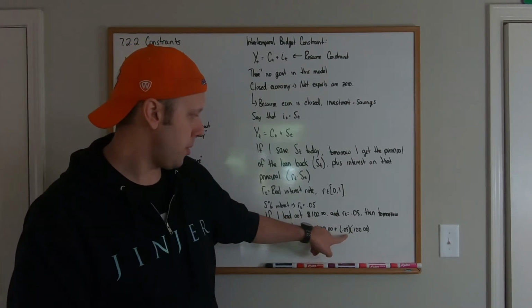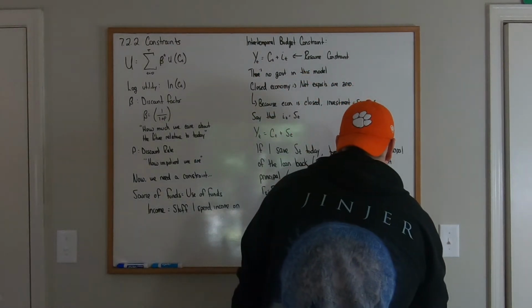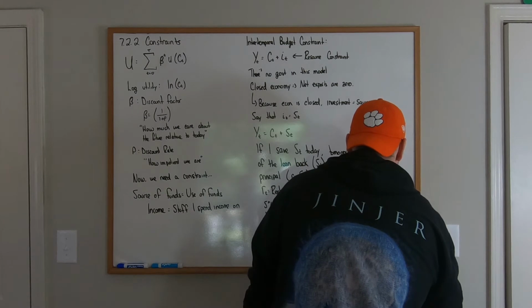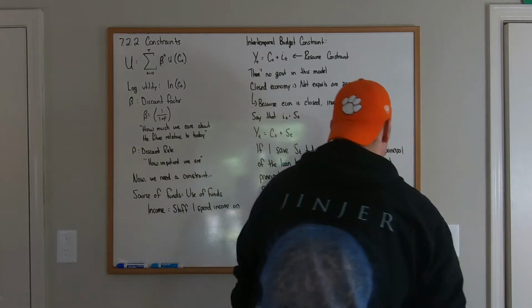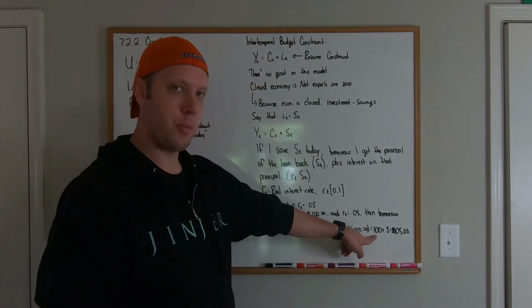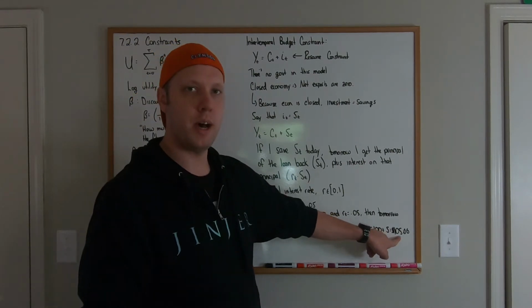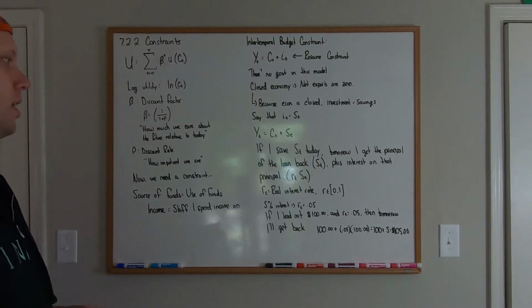So I get $100 plus 0.05 times 100. That gives me $100, which is my principal, plus $5, which is the interest, so I get $105 back. So that interest rate is inducing me to want to save more.